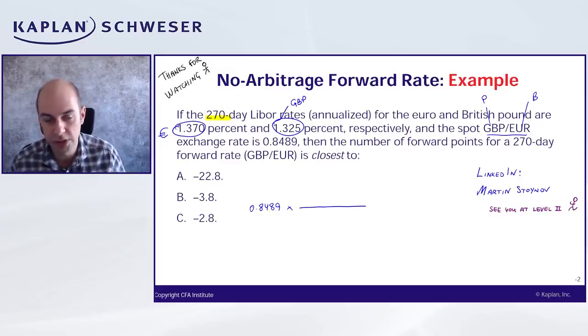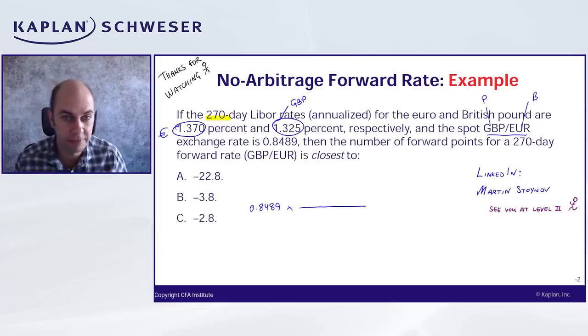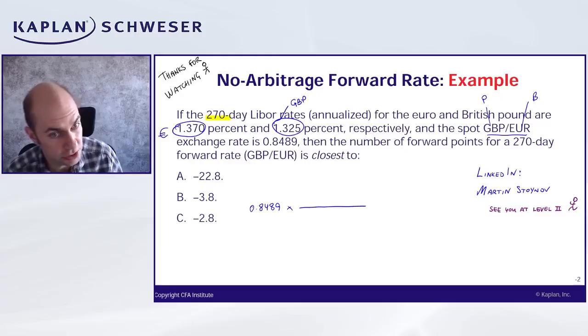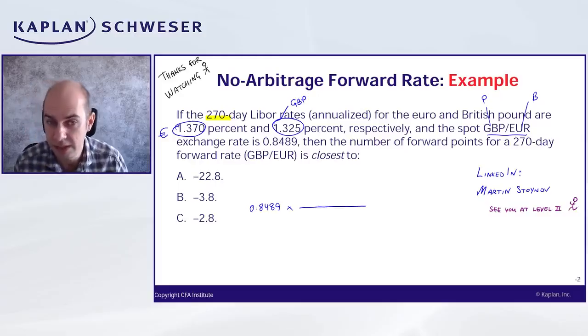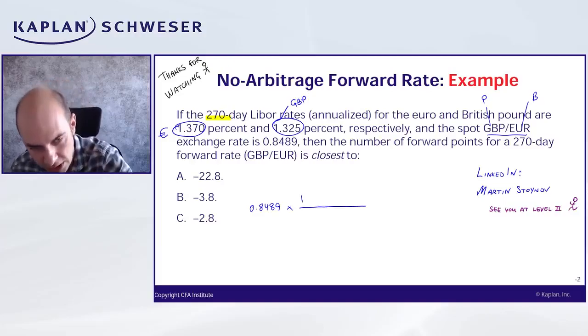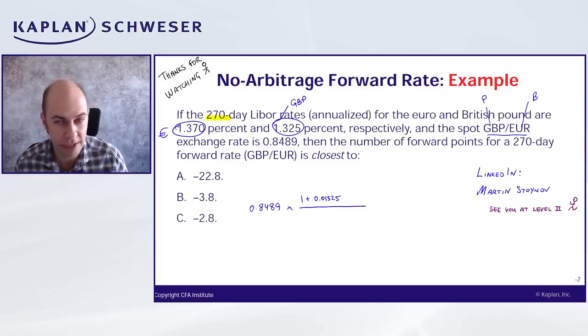Now, career changers get very puzzled sometimes with the fact that all rates in finance are quoted annualized. So this isn't actually the rate for 270 days, but it is the rate on an annualized basis. And so you're going to have to de-annualize it. So you're going to go 1 plus this rate here, and then you can multiply by 270 over 360.